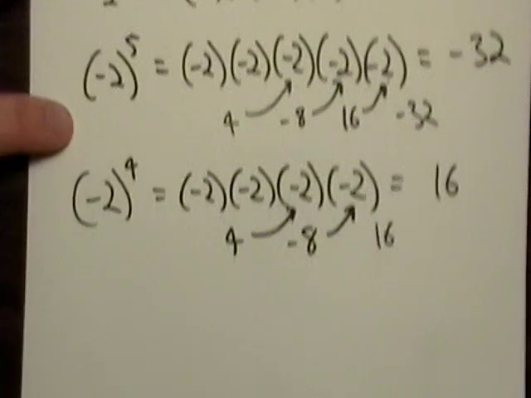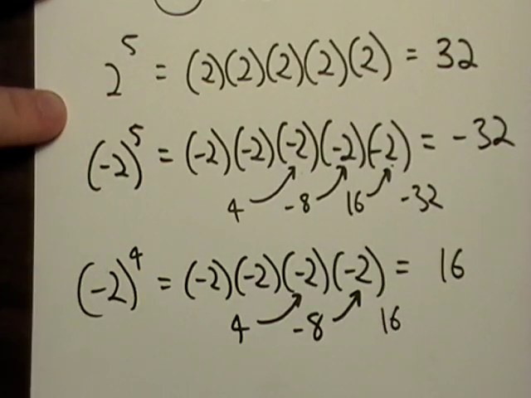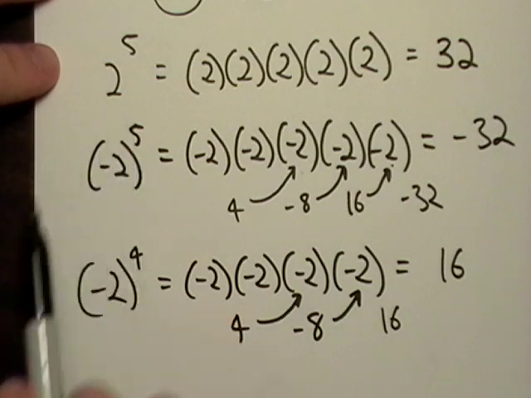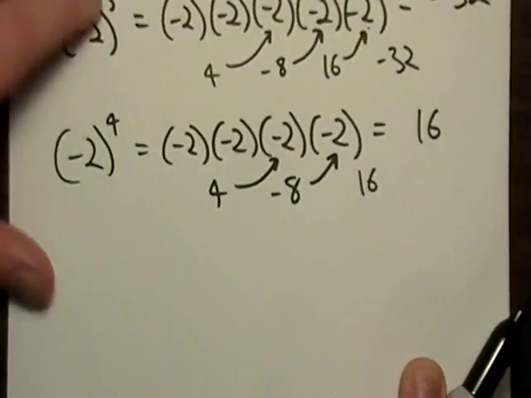Okay? So, if you have a negative number raised to an even exponent, the answer is going to come back even, or positive. And if you have a negative number raised to an odd exponent, the answer is going to come back odd, or negative. Okay?